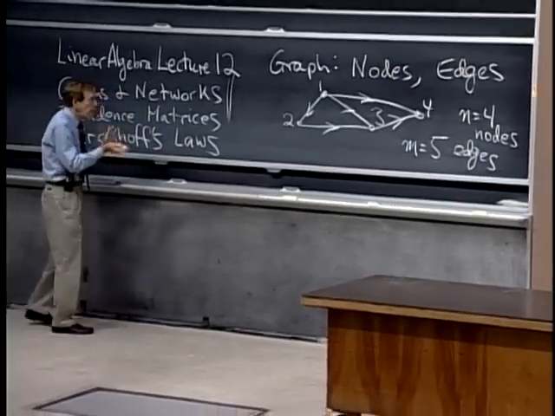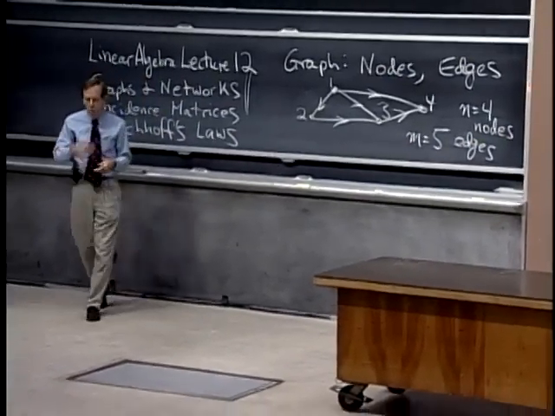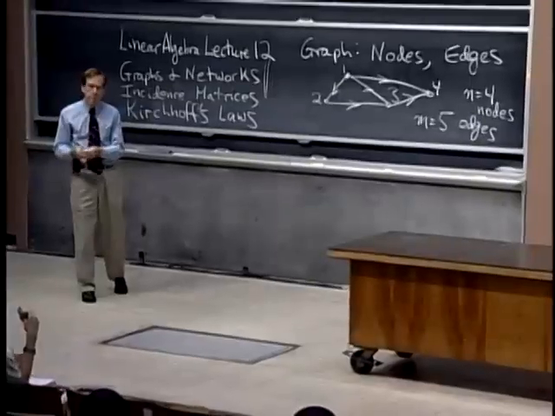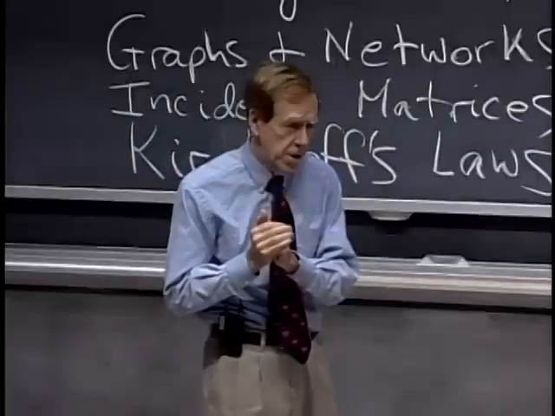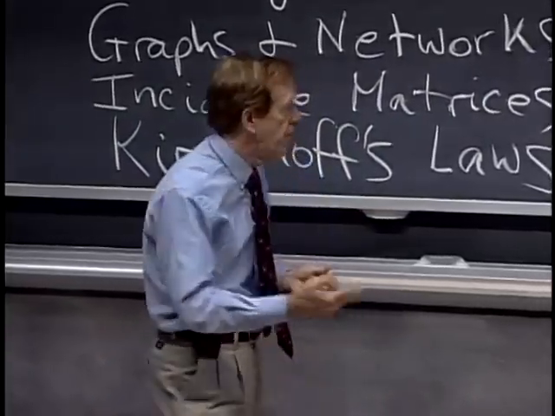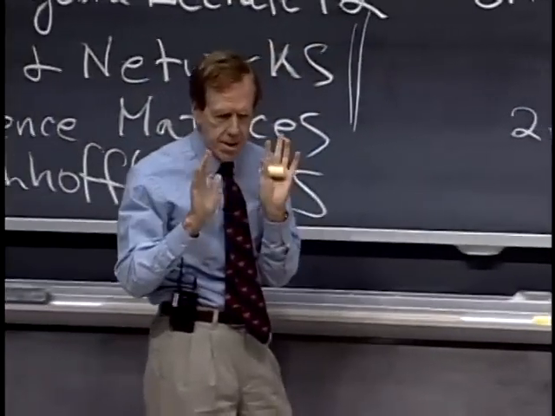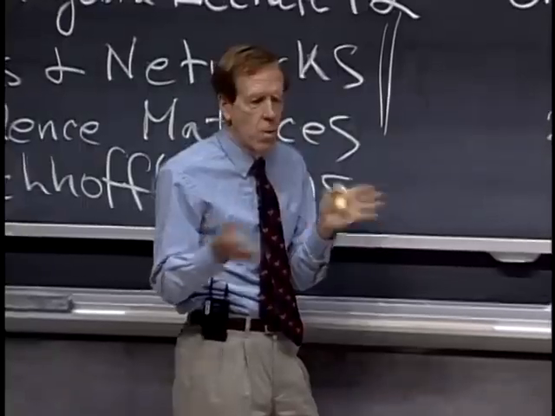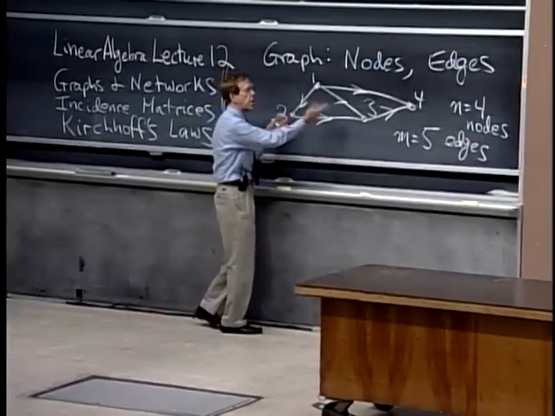Okay, because my example is going to come, the words that I will use will be words like potential difference, currents. In other words, I'm thinking of an electrical network. But that's just one possibility. My applied math class builds on this example.